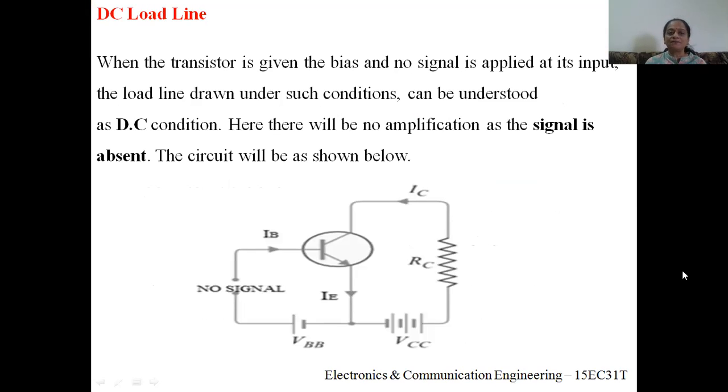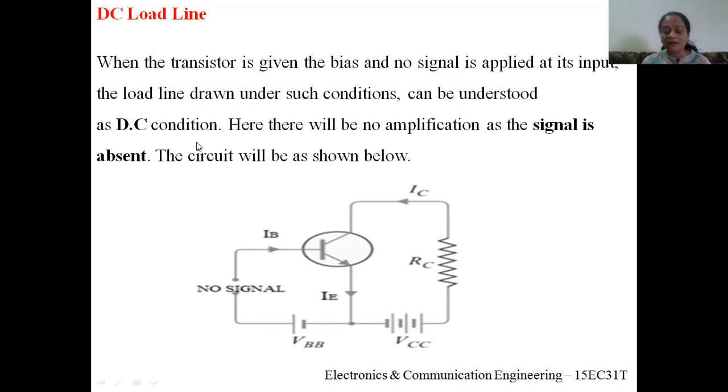Before going to the graph, when we draw the DC load line, the transistor is given a bias. What is bias? It's nothing but applying DC voltages. Here the DC voltages are VBB, which is applied between the base and emitter, and VCC, which is applied between the collector and emitter. When the transistor is given the bias and no input signal is applied, and we draw the load line under this condition, it is called a DC condition.